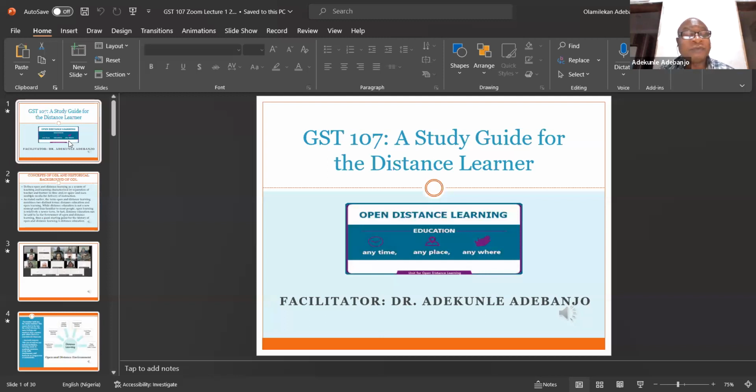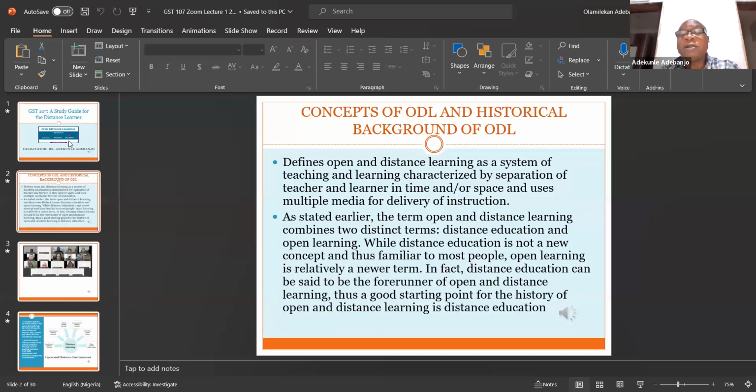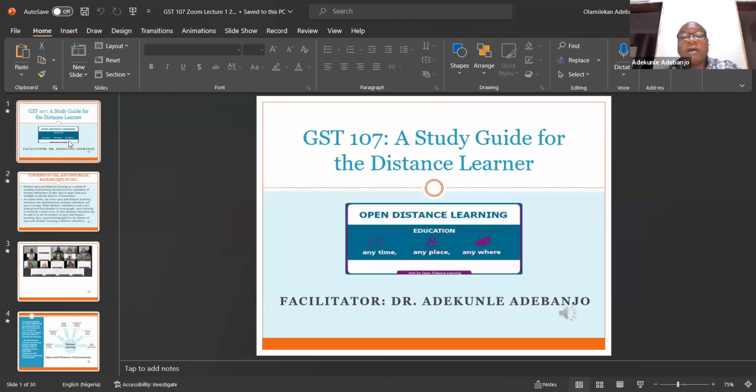By and large, we'll be talking about the general overview of the study guide. That is, what are the things that you need to know about this university.